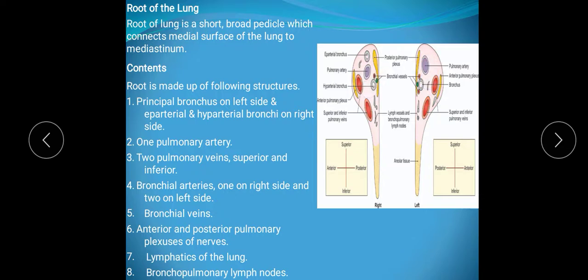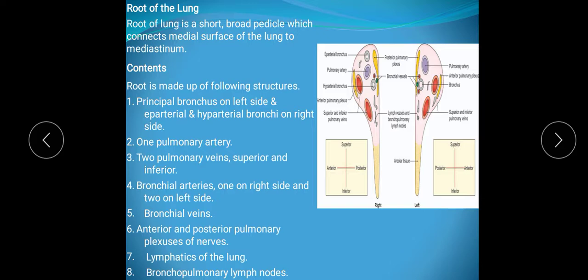Two pulmonary veins. These are the two pulmonary veins, superior and inferior. Then the bronchial arteries. One bronchial artery on the right side, and two bronchial arteries on the left side. Then the bronchial vein. The green one is the bronchial vein.